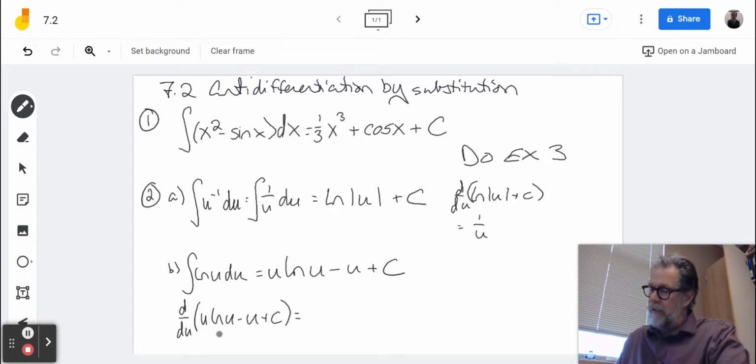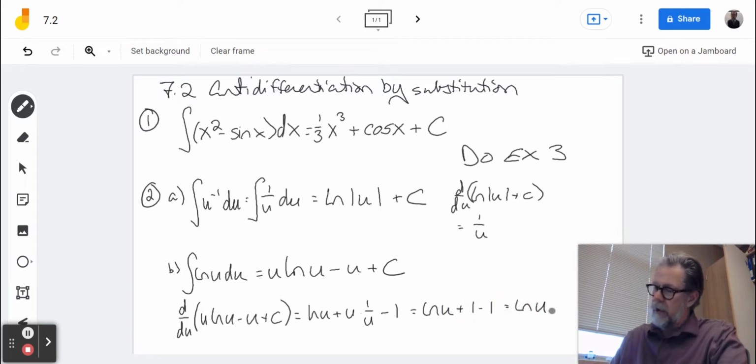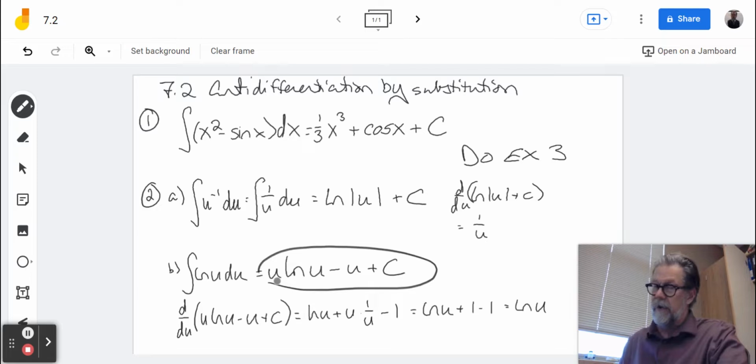Well, the derivative of u natural log of u, that is a product, so it's going to be product rule, which means the derivative of u, which is 1, times natural log of u, plus u times the derivative of natural log of u, minus the derivative of u, which is 1, plus the derivative of a constant, which is 0. Doing a little simplification, we see that this is natural log of u plus 1 minus 1, which is natural log of u, which means that my antiderivative was in fact correct.